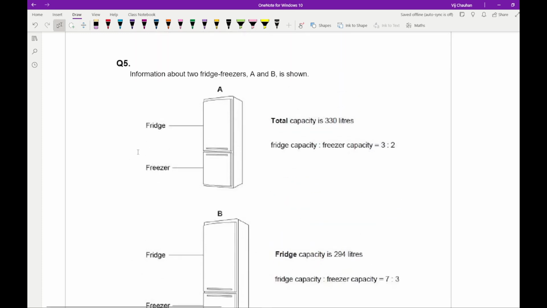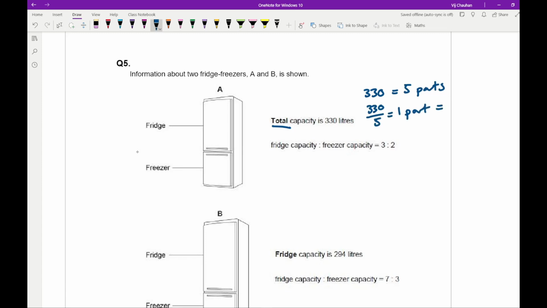So here what we need to do is work out what the freezer capacity is for each of the fridge freezers. For this we know the total capacity, so we know that 330 equals 5 parts. Then if I work out what one part is, 330 divided by 5 equals 1 part.